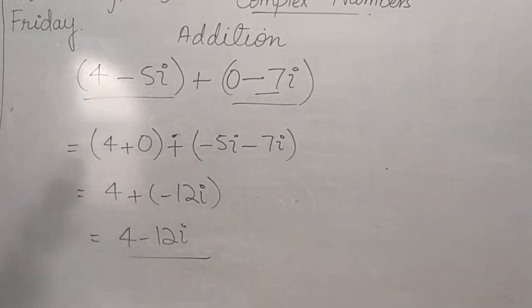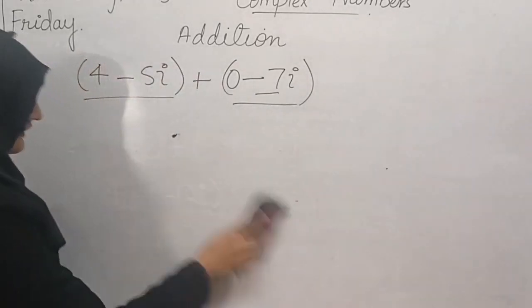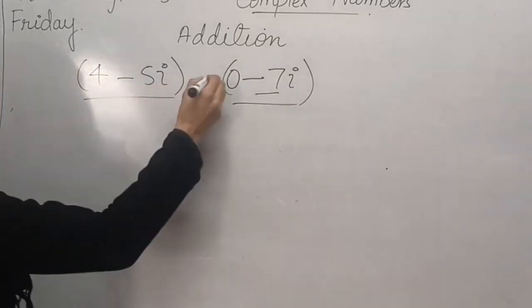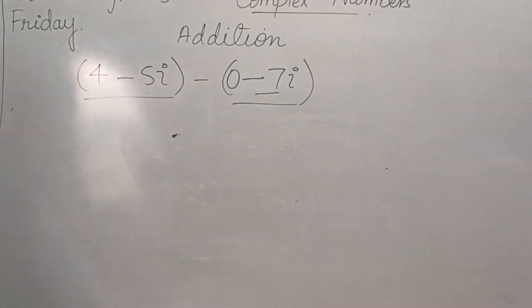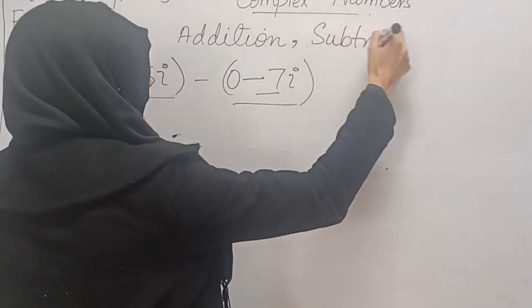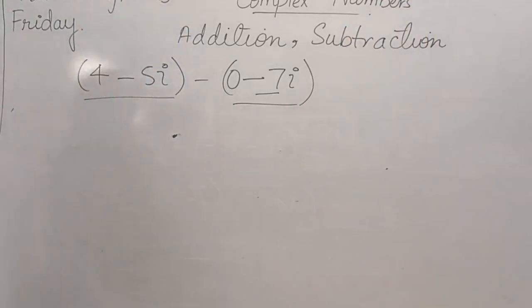On the same lines, we can subtract. Just perform the subtraction. For example, if we have these two numbers, 4 minus 5 iota and 0 minus 7 iota, and we have to subtract these numbers, think about it and tell me what will we do? Now we are performing subtraction. What will we do?